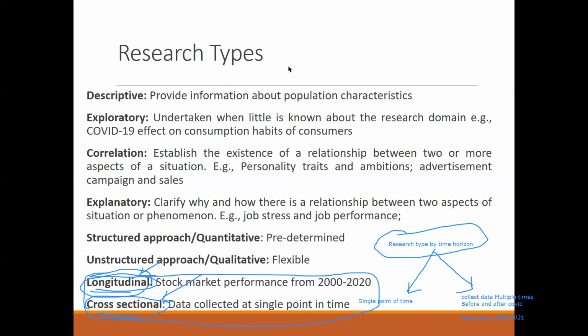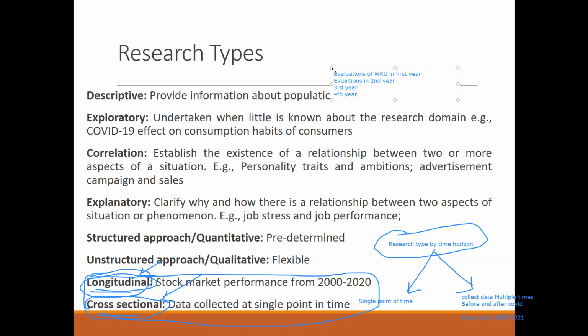I will give you an example of longitudinal research in the area of management. Your evaluations of WKU in the first year, then in the second year, third year, and fourth year.